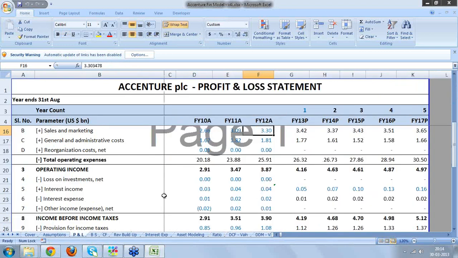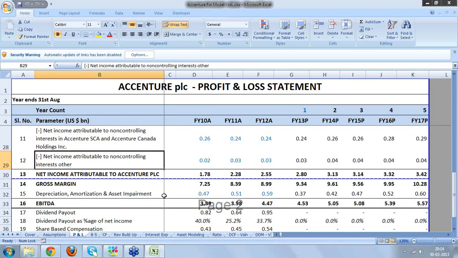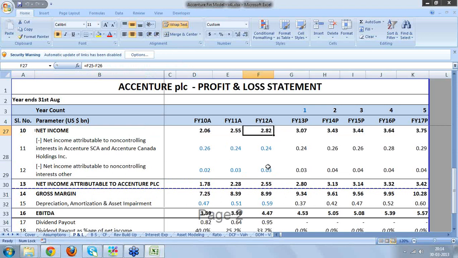One is net income attributable to majority shareholders and a portion of net income, so there is one net income which appears here and there is one net income which appears here.